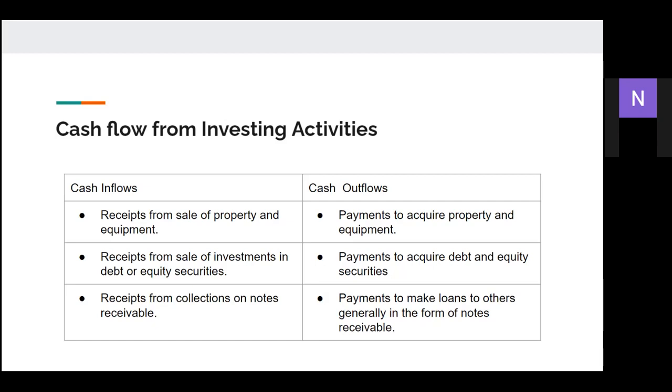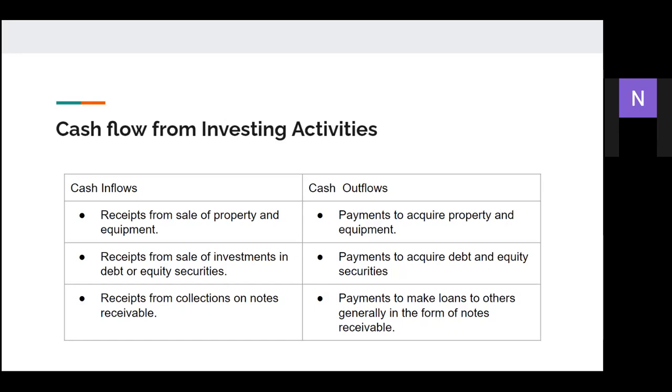So, sa first part, yung cash inflows and outflows, syempre pag inflows, may papasok na pera, and outflows, yun yung payments or disbursements. So first, receipts from sale of property and equipment, and sa outflows naman, payments to acquire property and equipment.